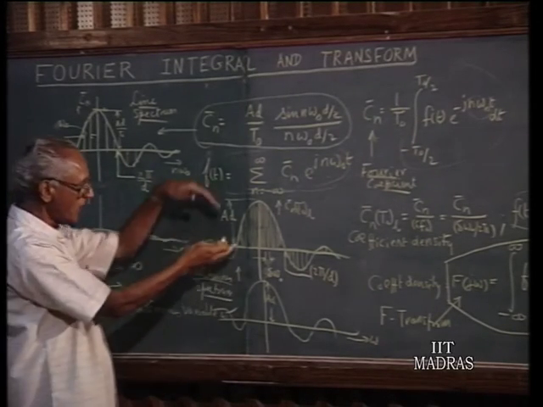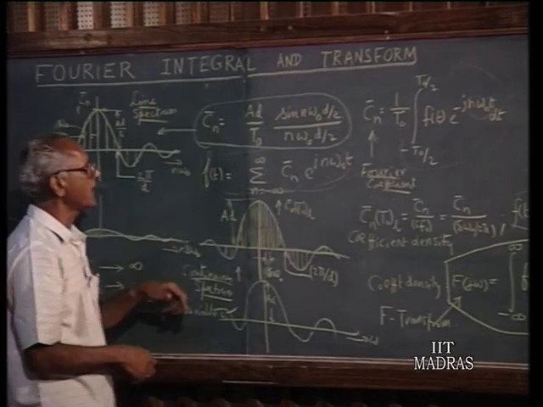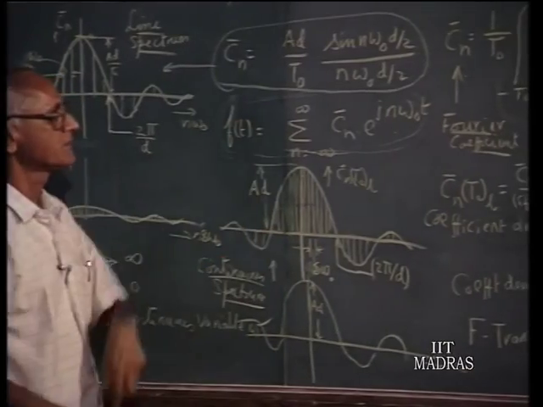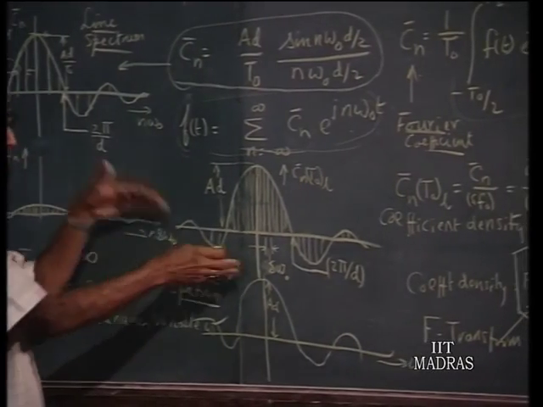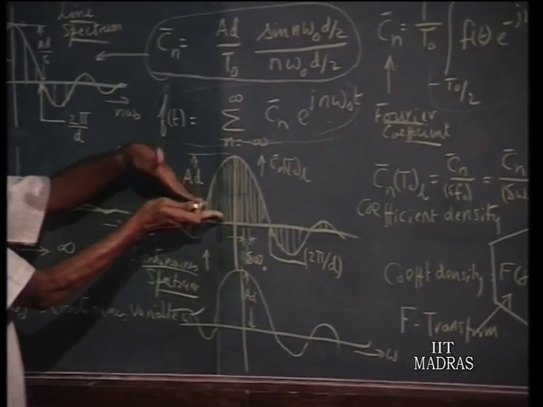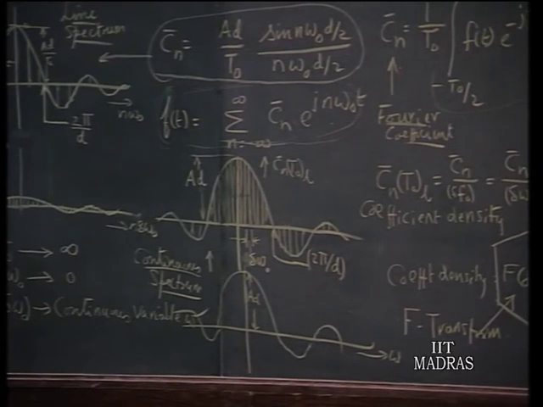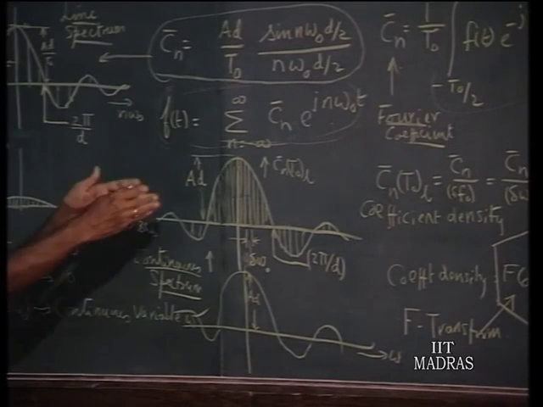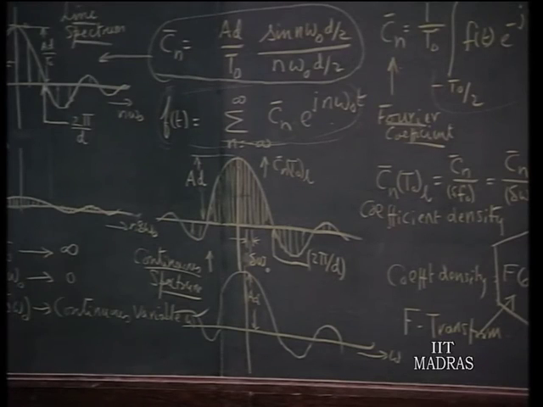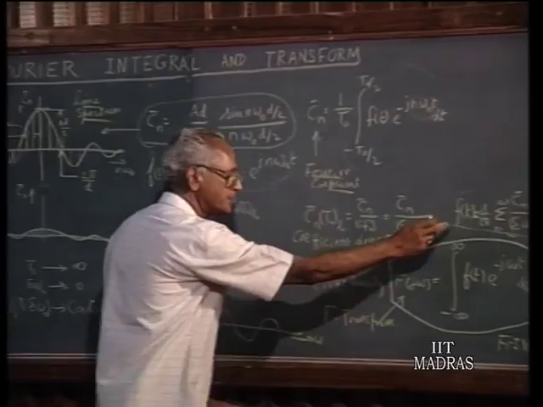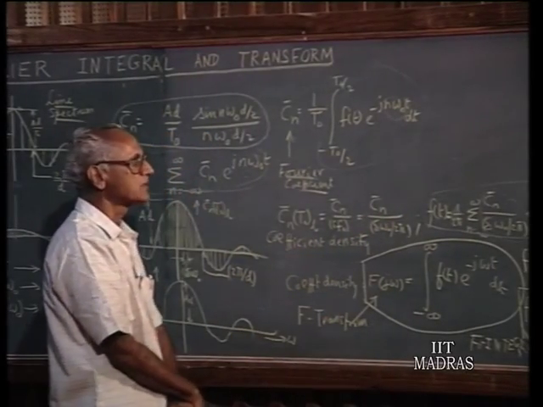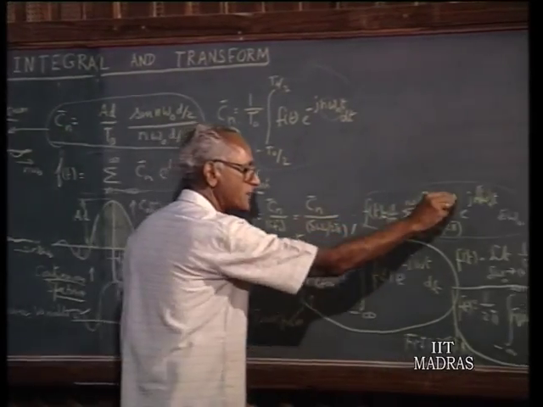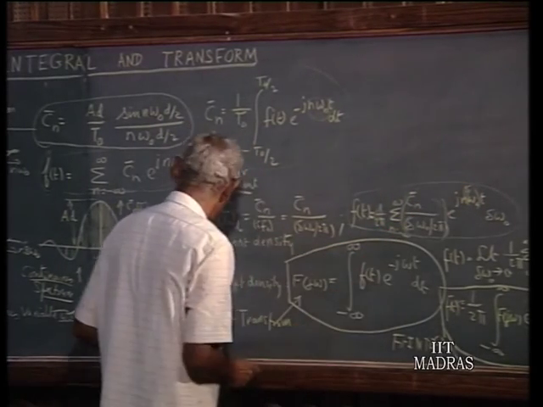Depending upon the pulse width and amplitude, you have a certain value, and as the period becomes larger and larger, this no longer has to become smaller; it will remain the same. The lines will become closer, and the spacing between two adjacent lines is delta omega naught, which is the new fundamental frequency, quite small, and we can put f of t as 1 over 2 pi times this coefficient density times e to the power of j n delta omega naught t.